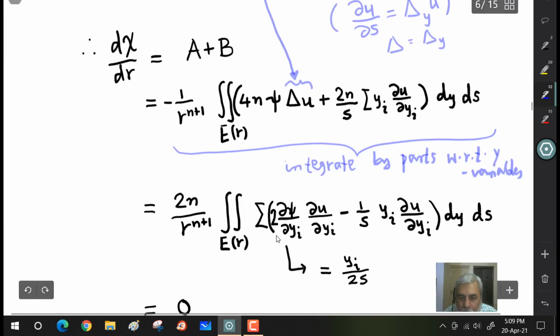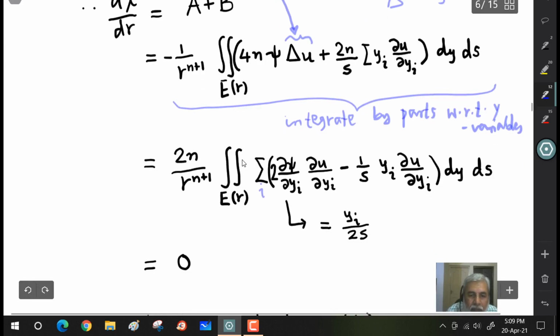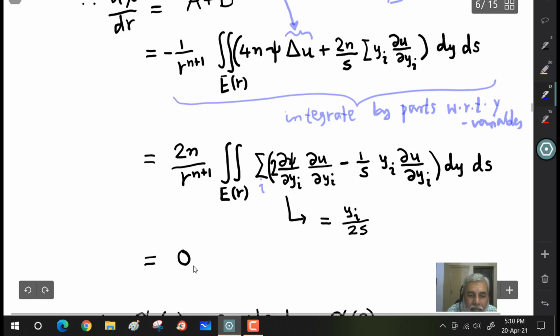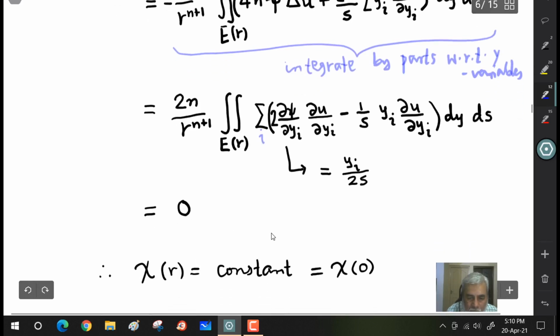So each term in the summation vanishes, and therefore we get d chi by dr equal to 0. Okay. So we'll continue from this point and conclude this, prove the mean value property. Thank you.